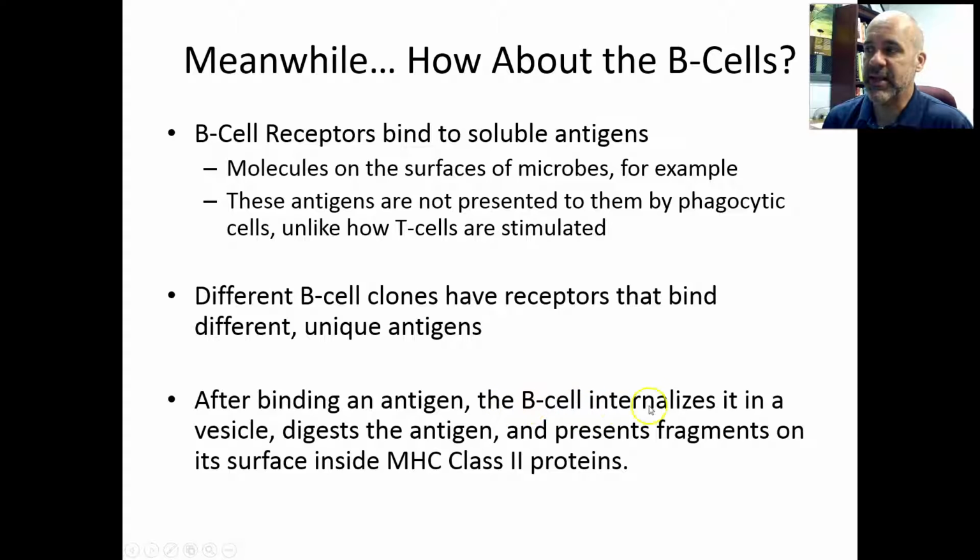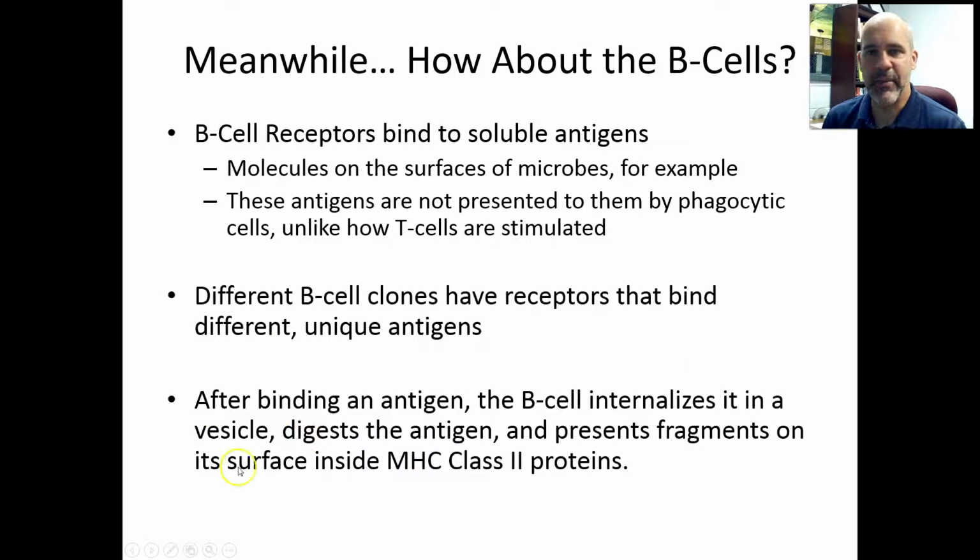When a B cell attaches to the antigen that it's programmed to bind, it's actually going to do endocytosis, essentially like phagocytosis as well. It's going to bring in that antigen. It's going to digest it, just like we've seen with phagocytic cells. And the B cell is going to wind up presenting fragments of that antigen on its surface inside MHC class II proteins.